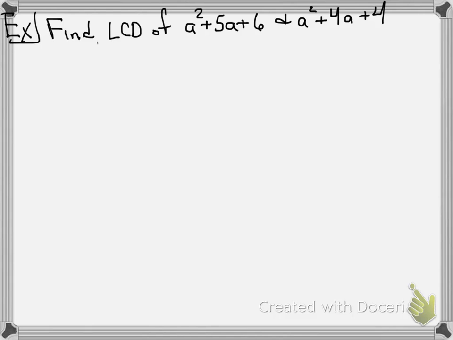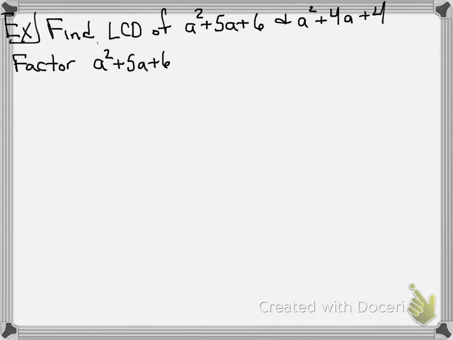It's really not that obvious how we would find this common denominator. We could just multiply these two polynomials together and come up with a common denominator, but that's really not the best way to do it. You'd end up with something very ugly, and it wouldn't be your lowest common denominator. It would be a common denominator, but it wouldn't be the lowest one. So how do we go about finding the lowest common denominator?